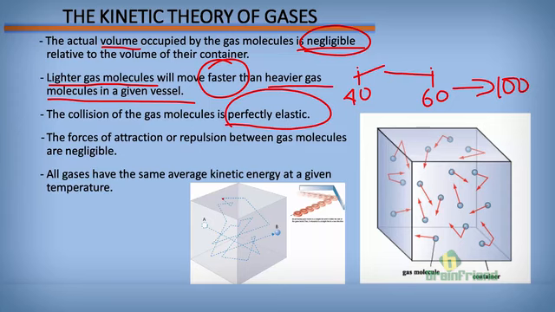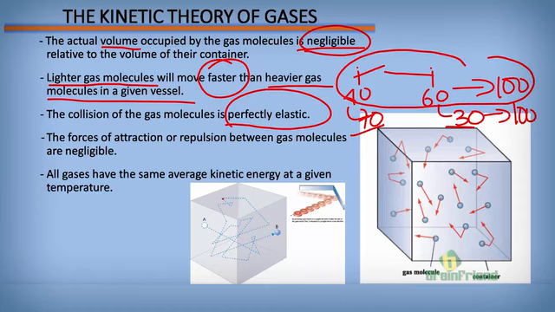So this one may gain energy and now move at a rate of 70, and this one may lose energy and move at 30. But when you add this 70 and 30, we still have 100. So the energy they had before collision and the energy they had after collision is the same, although energy has been transferred from one gas molecule to the other. So that is what this statement means, that the collision of the gas molecules is perfectly elastic. Energy is not lost, neither is energy gained.